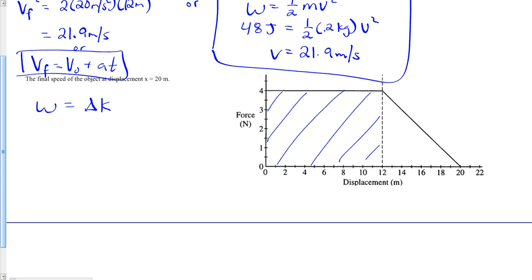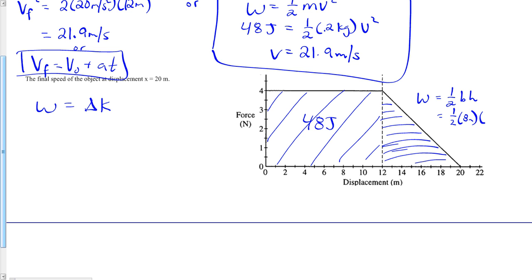So we know that this is 48 joules. So how much work was done during this part? Work is the area, 1/2 base times height. Meters, 4 newtons. 16 joules of work was done there.